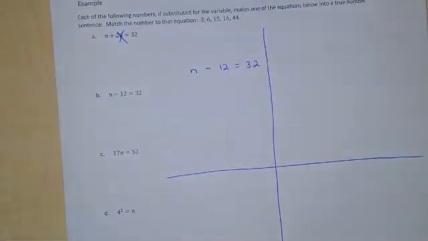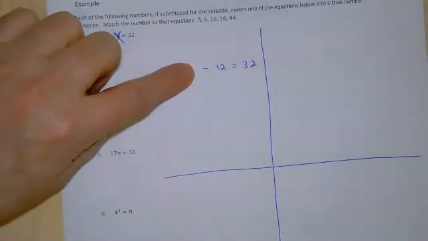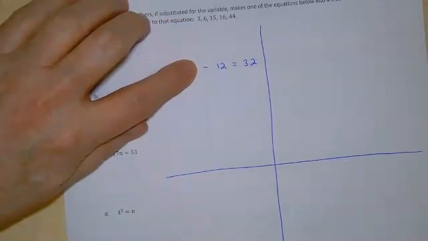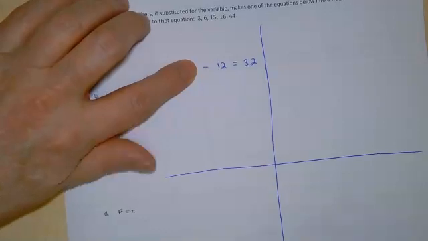Raise your hand if you can tell me, how can I get n by itself? What do I have to get rid of? Jackson? If I cover up the n, what's left that I got to get rid of? Minus 12. So what's the opposite of minus 12? 12. Exactly right. On both sides.